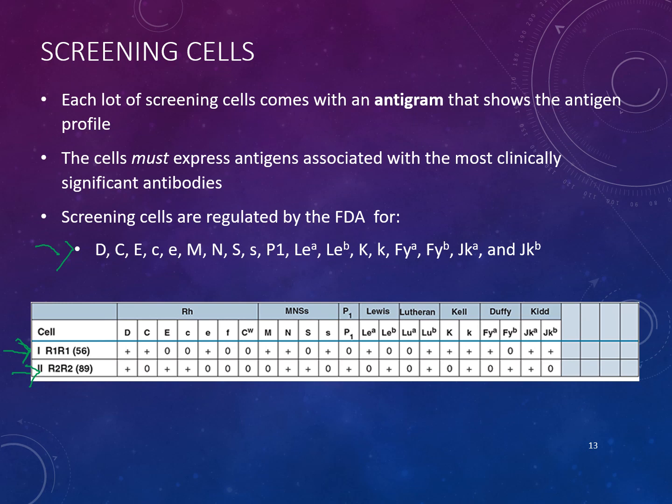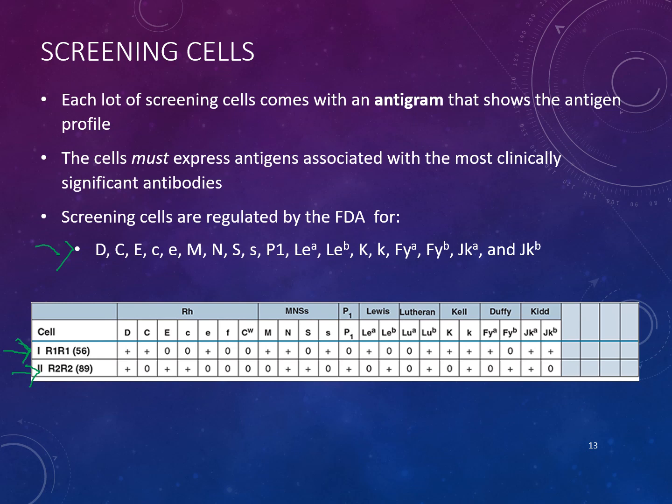We'll talk about these in more detail in a later lecture, but for now just understand that each of these reagent cells, this would be vial 1 and vial 2, are made from donor cells, and they are manufactured in combination like this. This set is set up together to try to have at least one of the donors be positive for these particular antigens.